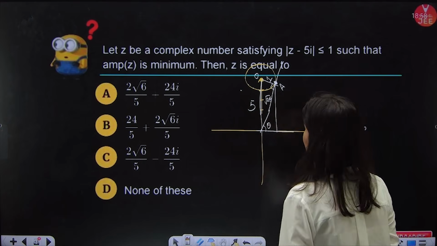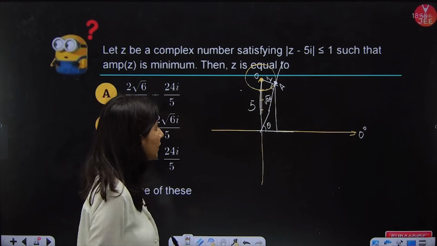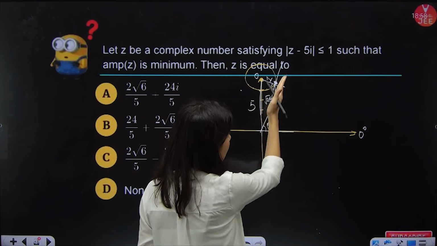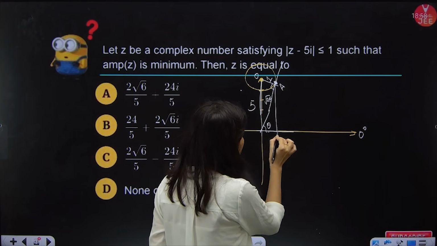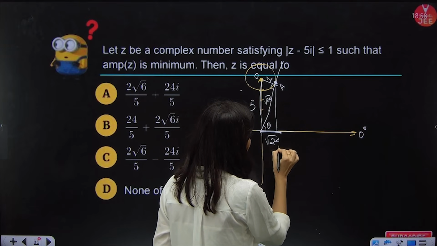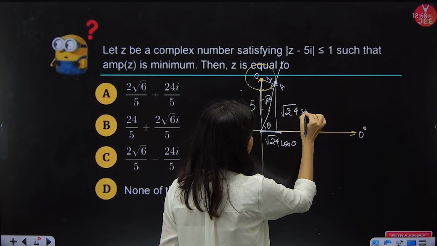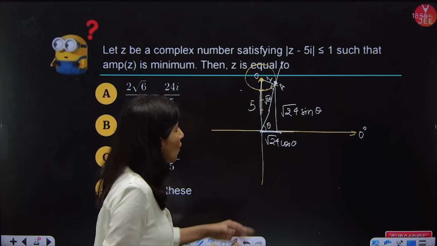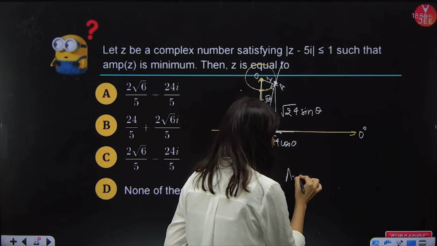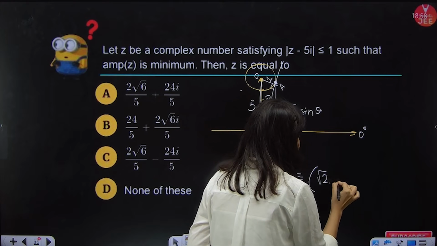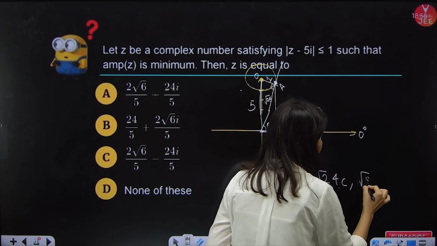This is root 24, correct? Okay. So just tell me, if this hypotenuse is root 24, this will be root 24 cos theta and this will be root 24 sin theta. Perfect. So obviously coordinates of A will be what? Tell me. Root 24 cos theta, root 24 sin theta.